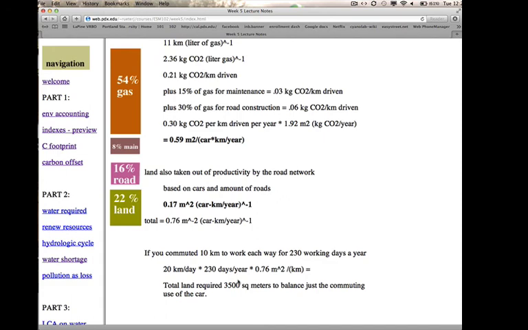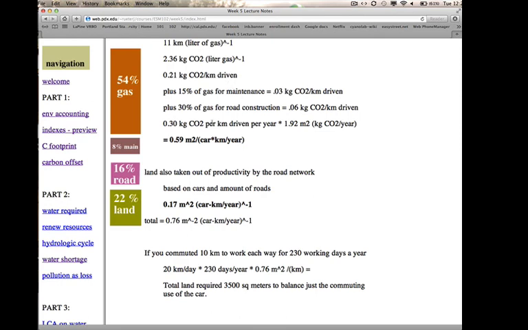So again, the point of this carbon footprint analysis is it takes a bunch of different information like this. Where did they get these numbers about maintenance? Well, they studied how much energy it takes and how much oil changes cost and all those sorts of things for a broad population and number of cars, and they come up with an estimate like this.